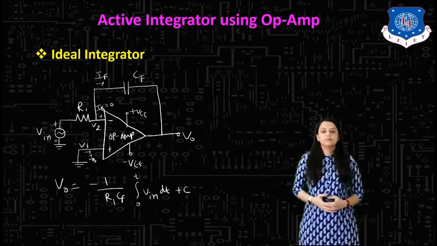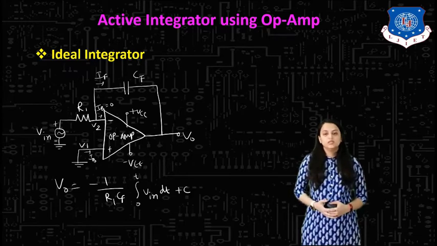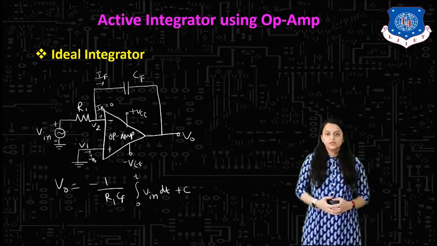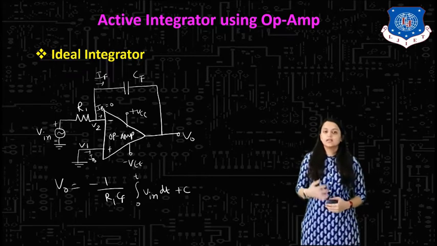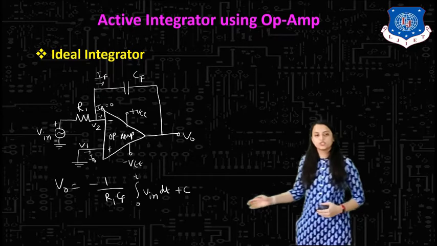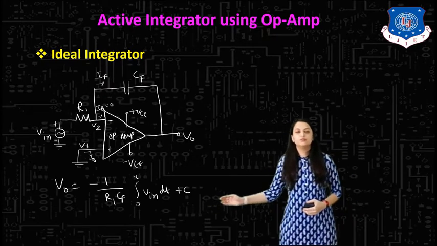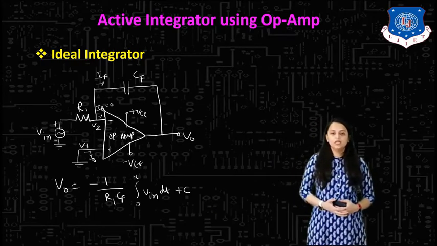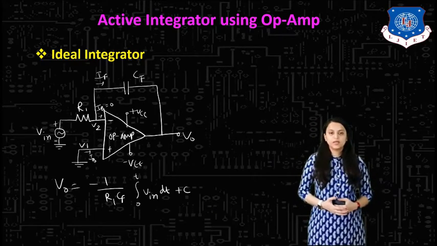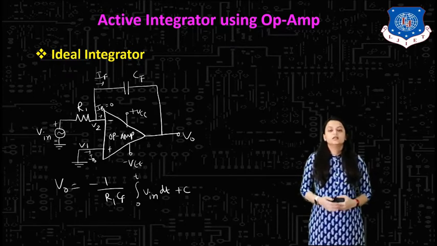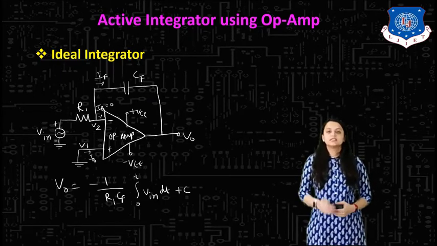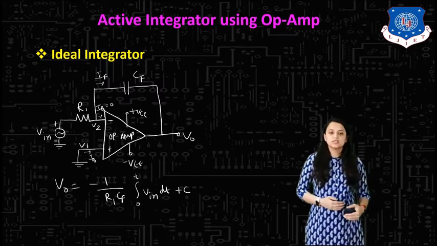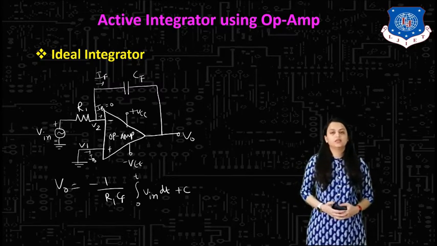Now, here the supply is given to the inverting terminal and the non-inverting terminal is connected to ground. As we have said that this is the integrator, we will get the output function VO equals minus 1 by R1 CF integration 0 to T Vin dt plus C. Here Vin is the input signal, C is the integration constant, and R1 and CF are the input resistance and feedback capacitance respectively.